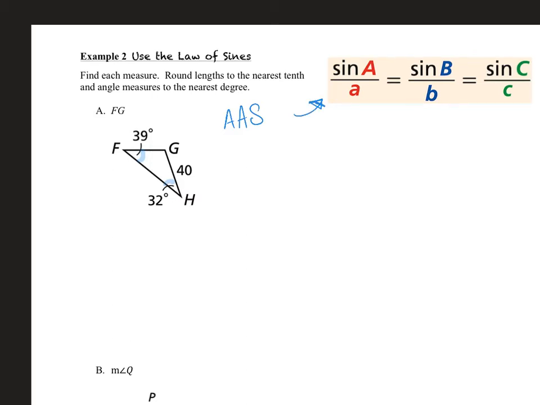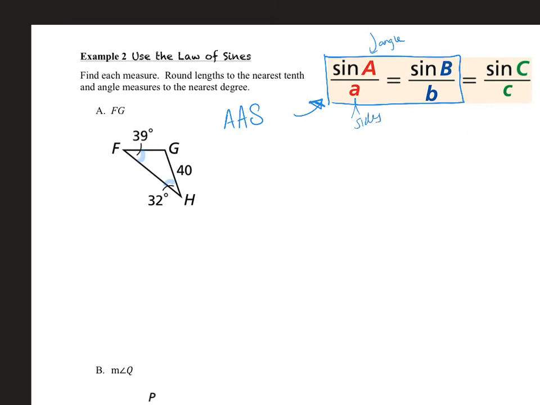Now basically you just are going to be setting up a proportion. So I can call any one of those angles A and B, etc. Remember angles are capital letters and sides are lowercase letters.